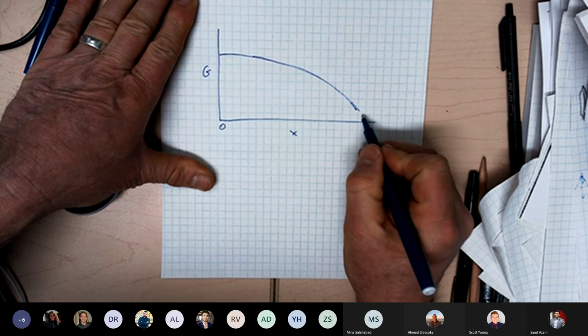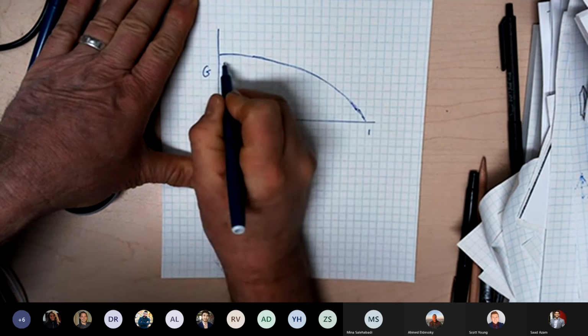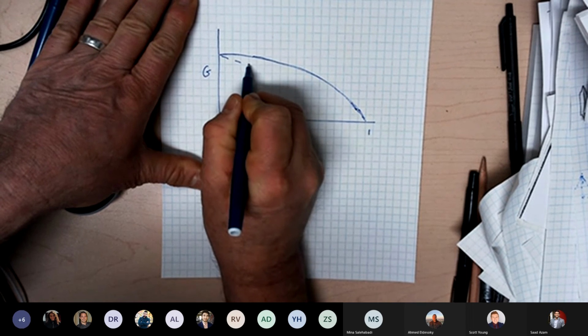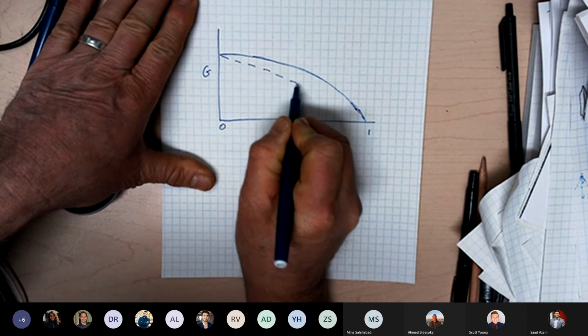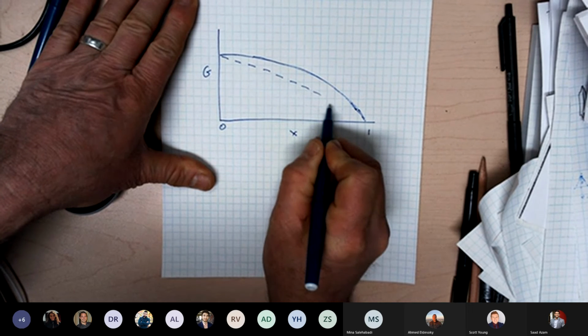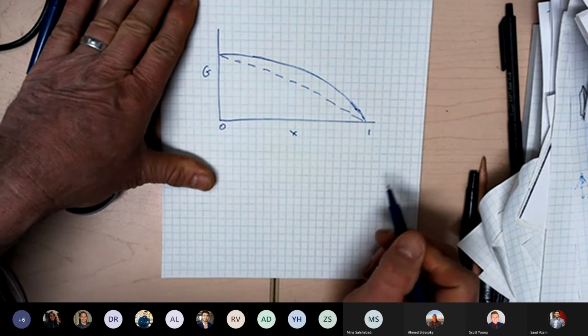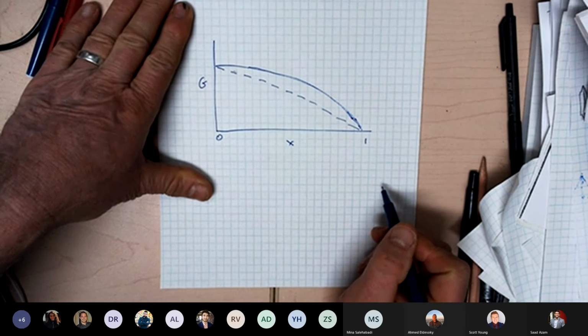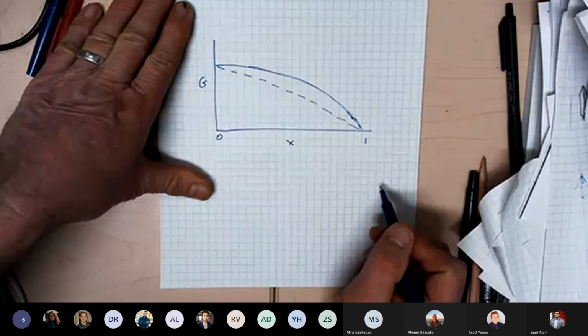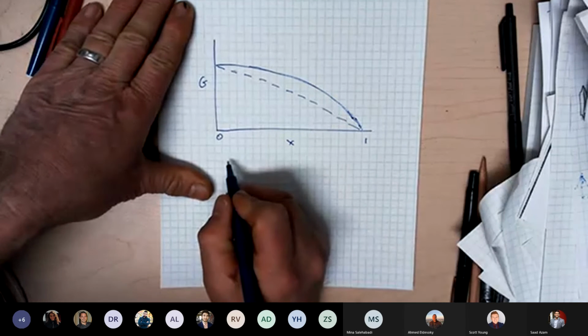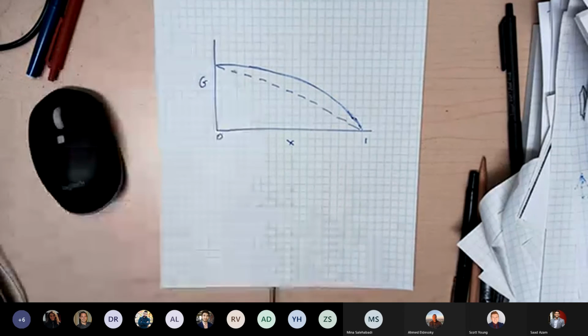Well, what the system will do is, by forming a two-phase mixture where the compositions are given by the endpoints, the free energy will lie along that dashed line.